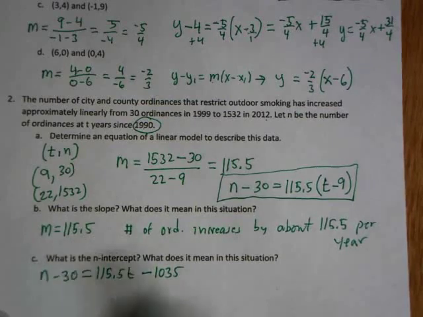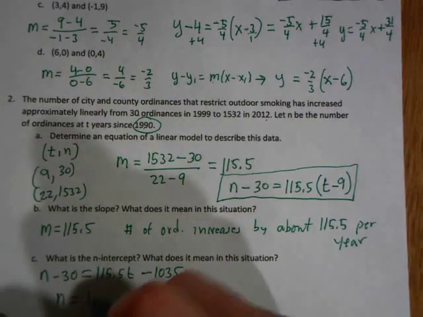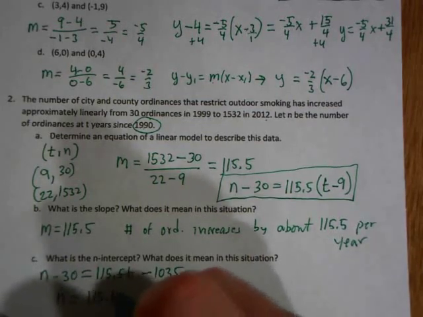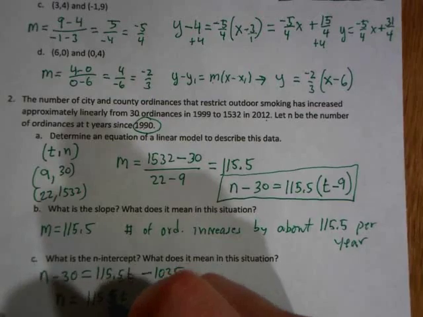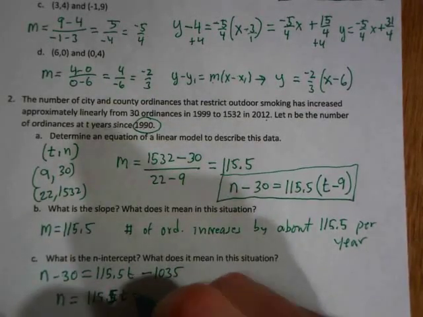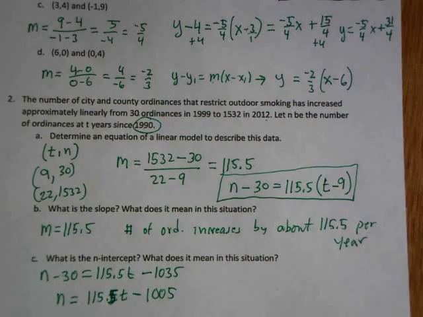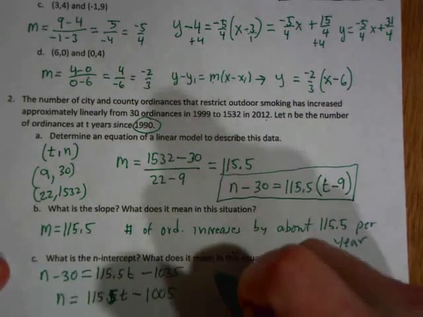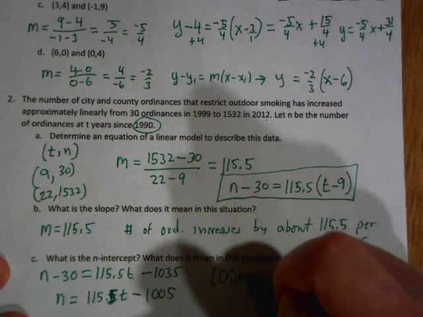And then I would add 30 to both sides. So n equals 115.5t minus 1,005. So what is the n-intercept? The n-intercept is 0, negative 1,005.